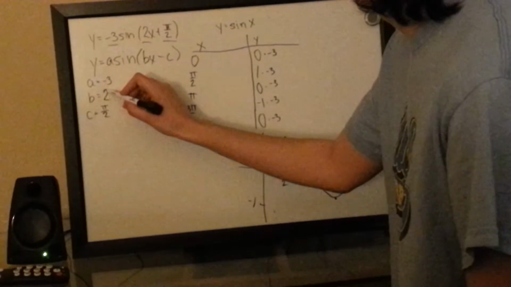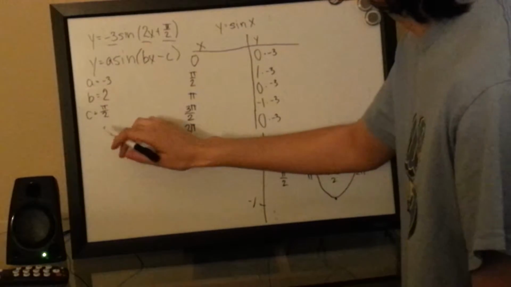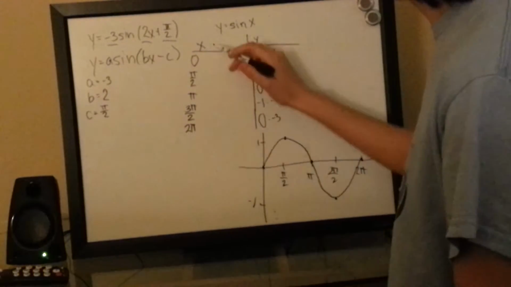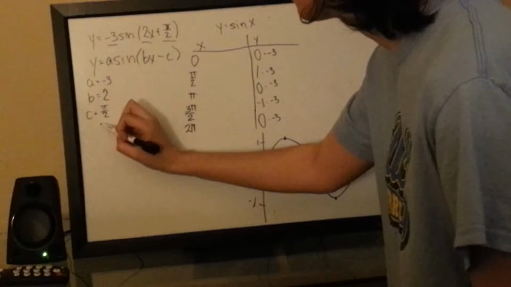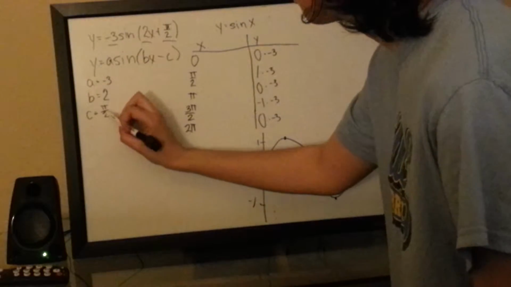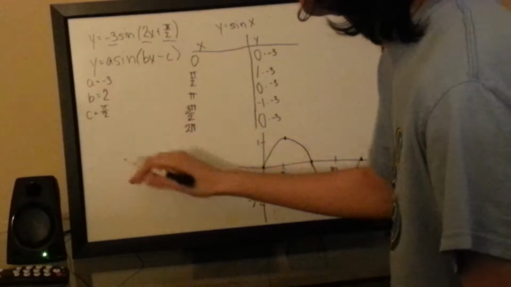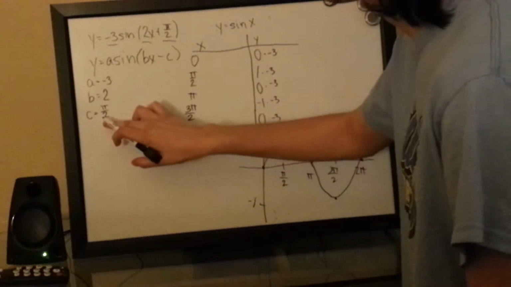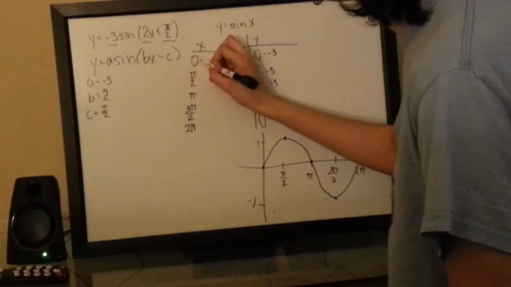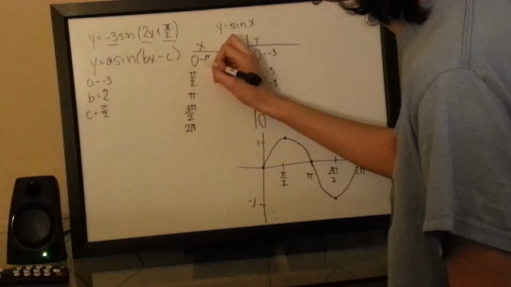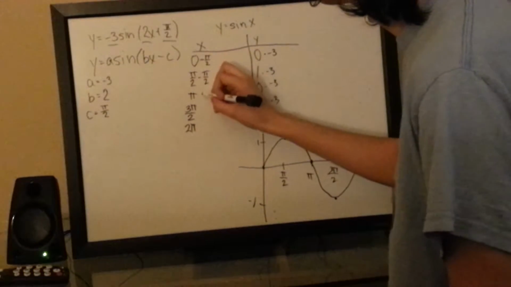B, well, first we have to look at c. C is going to change our x values of our parent function, and we're going to take the opposite of the sign. So when we're applying it to our x values, since it's a positive pi over 2, we would instead subtract it from our x values. We take the opposite of the sign of c.